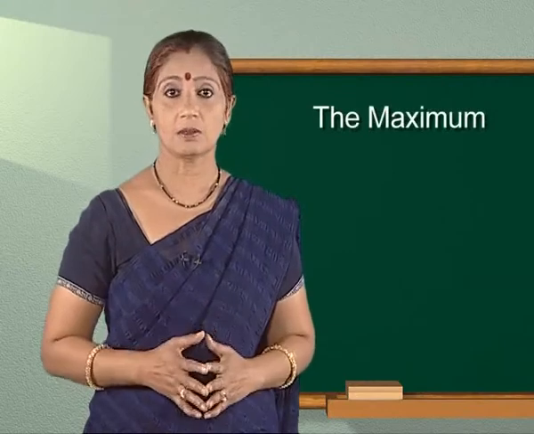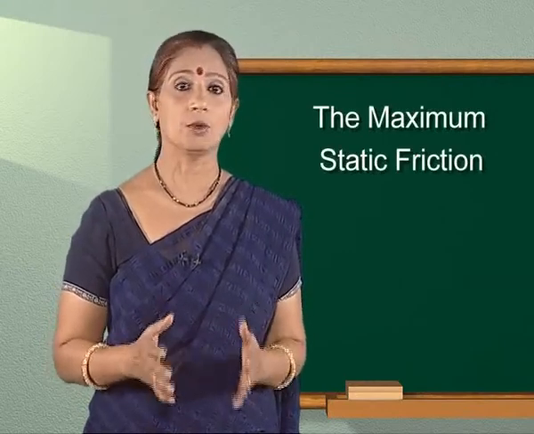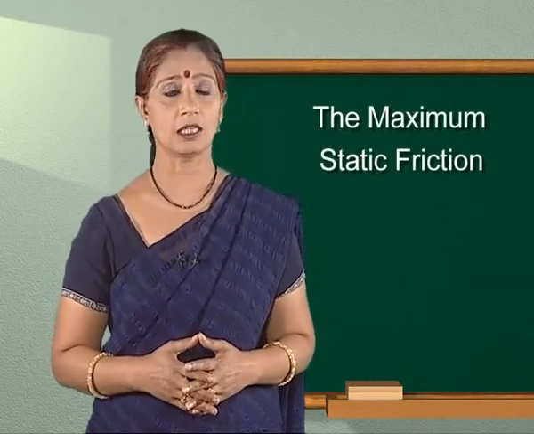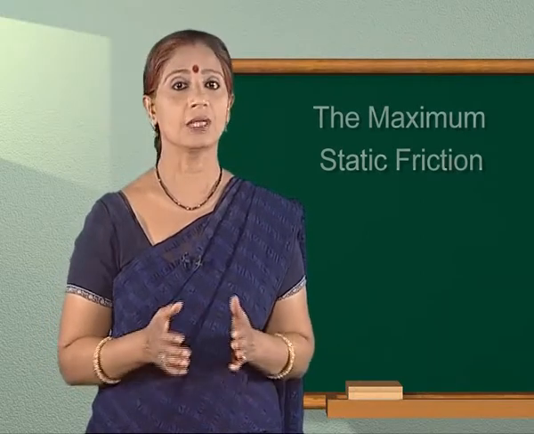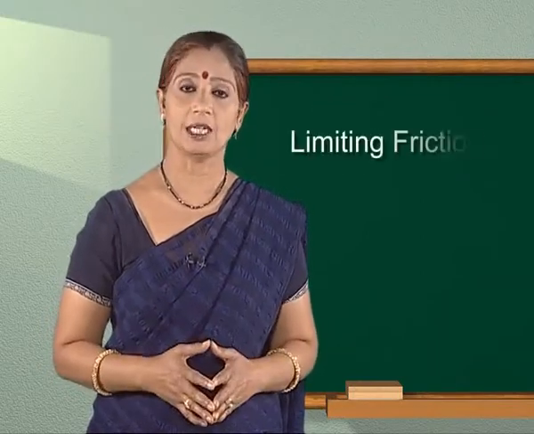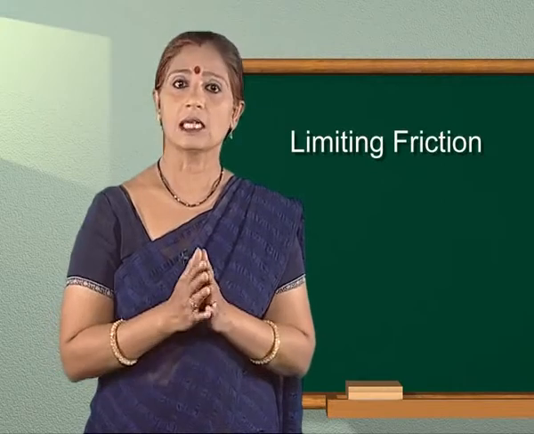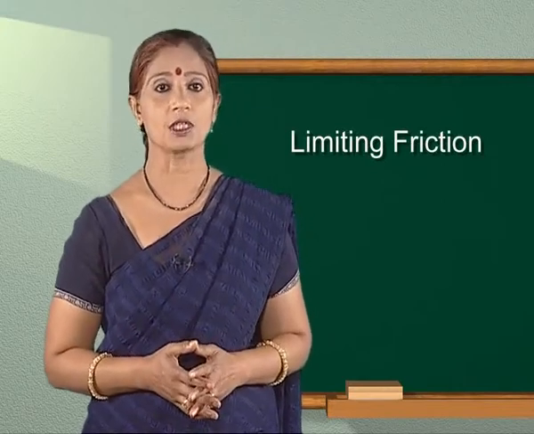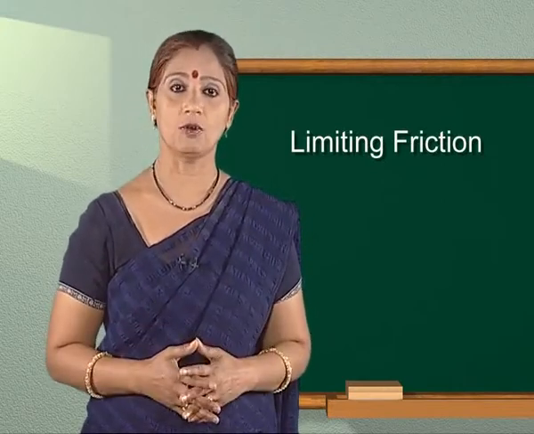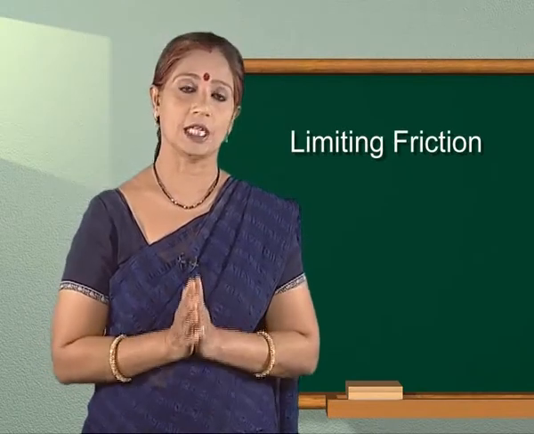The maximum static friction that a body can exert on the other body in contact with it is called limiting friction. This limiting friction is proportional to the normal contact force between the two bodies.